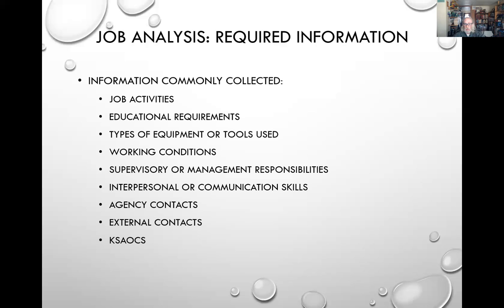As well, with these other things that are required here, what is the level of interpersonal or communication skills? It may be that the person works fairly autonomously and maybe doesn't need those things. But on the other hand, maybe they interact frequently internally, or frequently externally with parties outside the company, or maybe it's a combination of both.